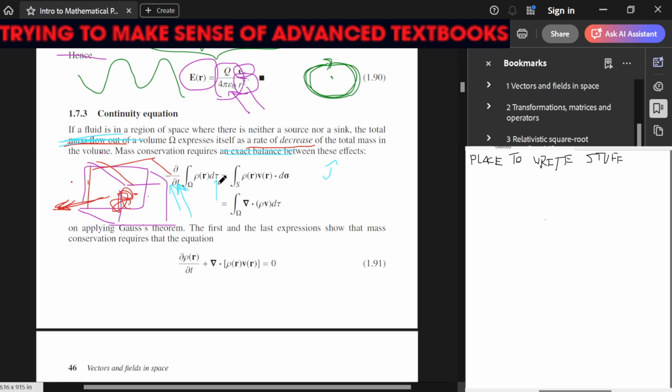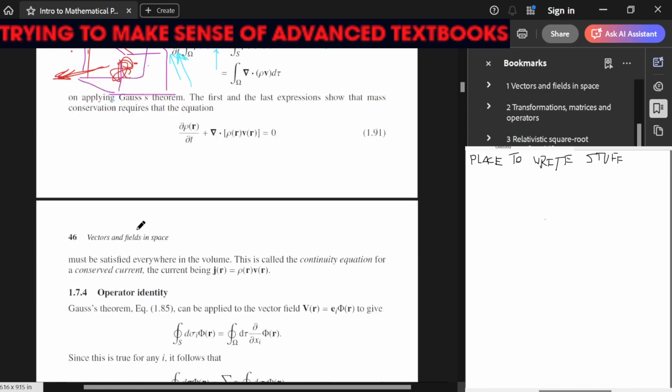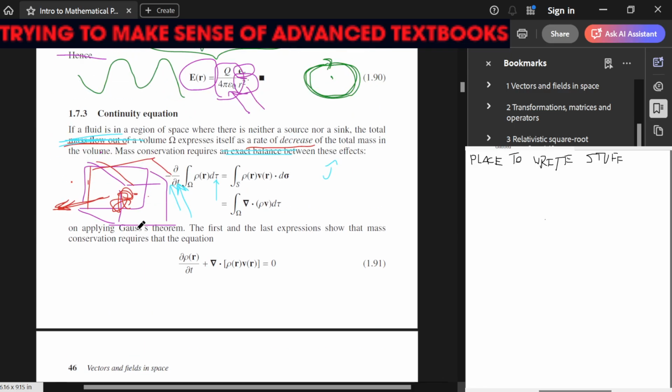Why is this d tau here? I guess it's just to be like over the entire volume. So this turns into this after applying Gauss's theorem.